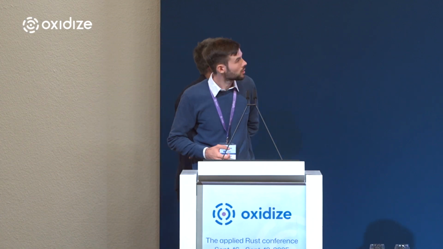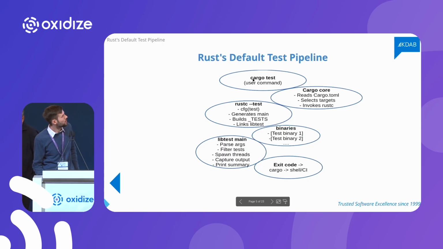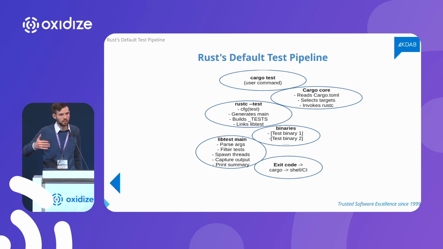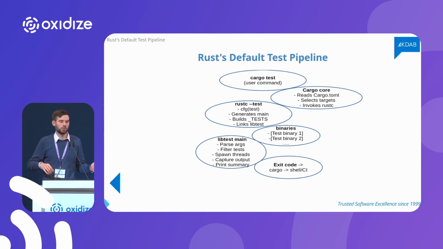If we look at it here in that scenario, cargo nextest basically just replaces this part of the whole chain, but as soon as you get to compiling the actual test binary again, you just reuse the default test harness. So cargo nextest uses the normal test harness, but it just calls your binaries differently.